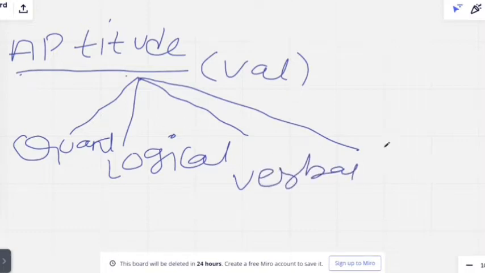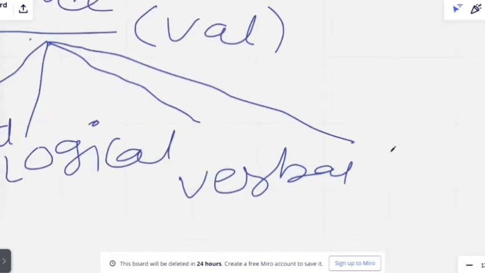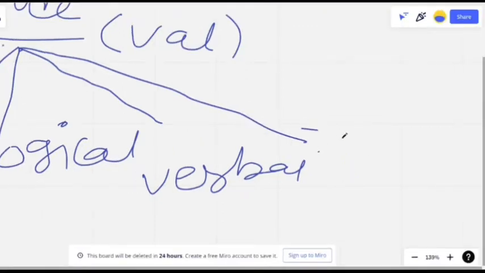And the last one is a very important topic for every competitive exam, and in placement tests they also ask about it. You will definitely get 5 to 10 questions from this or even more. In certain bank exams you will get almost 20 to 30 questions from this topic. That is data interpretation.